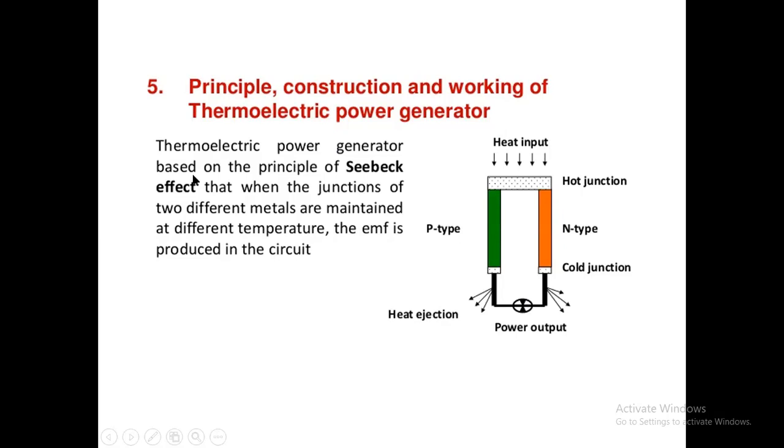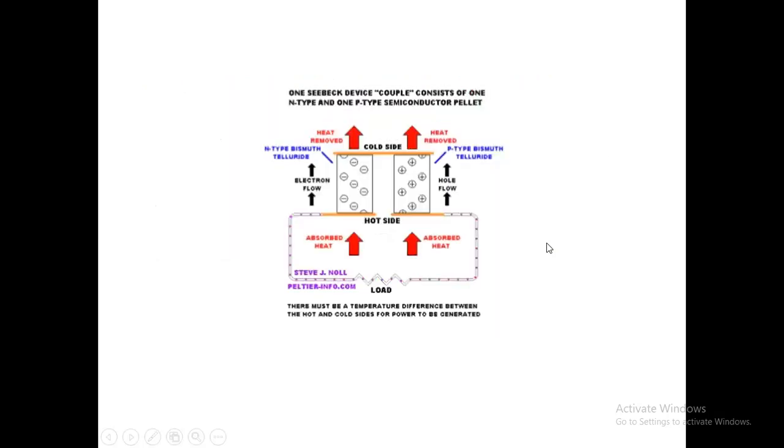A thermoelectric power generator is based on the principle of the Seebeck effect, that when the junctions of two different metals are maintained at different temperatures, the EMF is produced in the circuit, which is also mentioned in this figure. This Seebeck device couple consists of one n-type and one p-type semiconductor pellet.